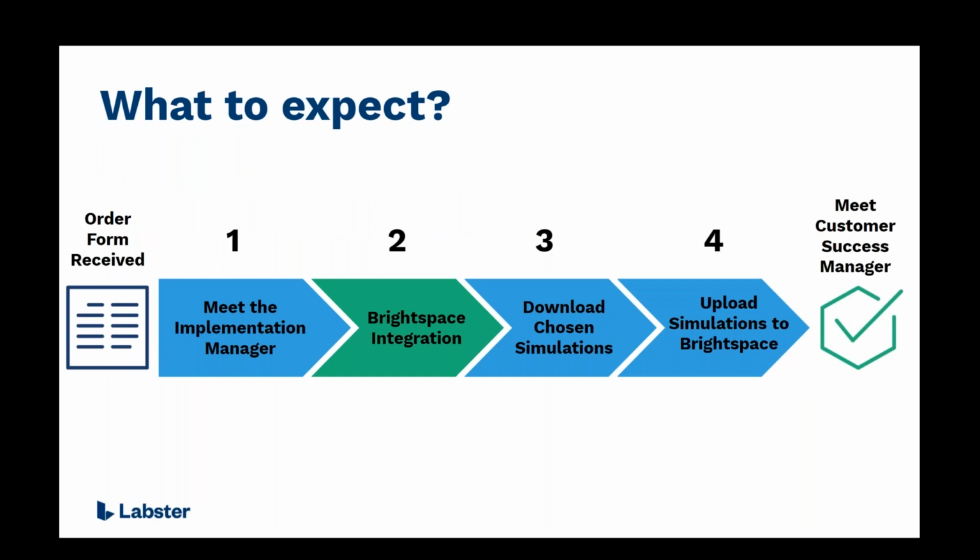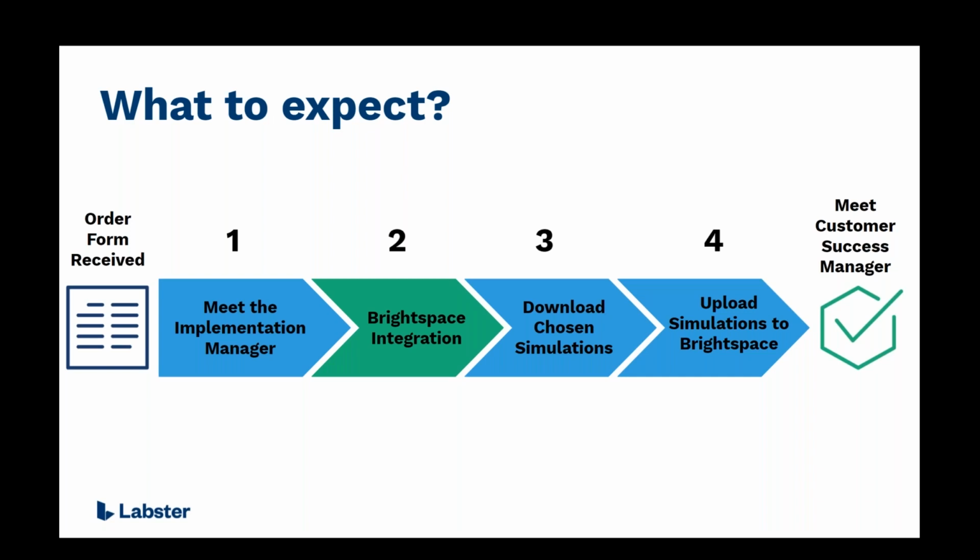So what to expect? Once the sales team has received the order form and it is signed by somebody at your university, the first thing you will do is meet your implementation manager. This implementation manager will reach out to you within maybe 1 to 2 days of signing the order form, and they will introduce themselves and let you know what the process is like for Brightspace. After that, they will reach out to your admin.